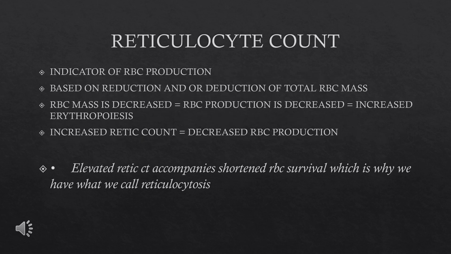Your reticulocyte count is an indicator of your red blood cell production. It is based on the reduction and/or deduction of total RBC mass. When you have a reduction, it means that your bone marrow has a problem, while if you have a deduction of your total RBC mass, there is leaking or simply bleeding.